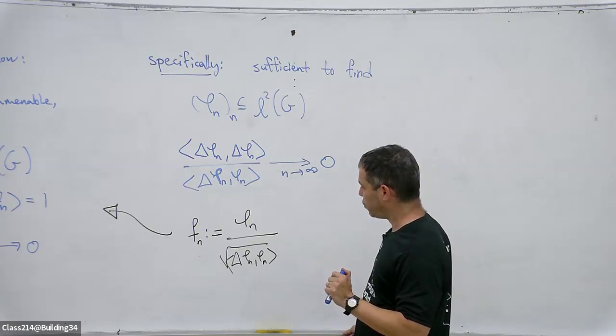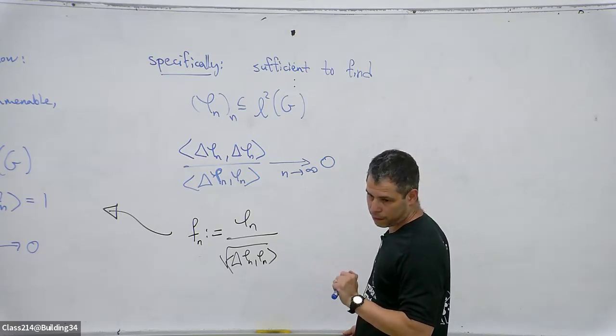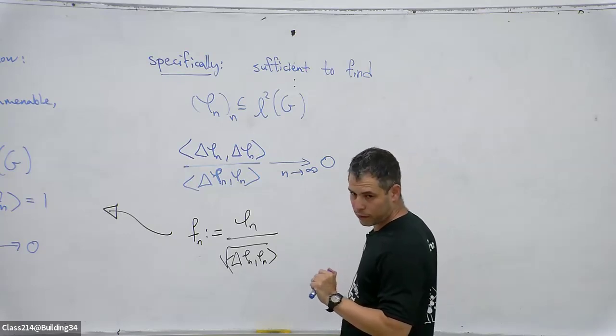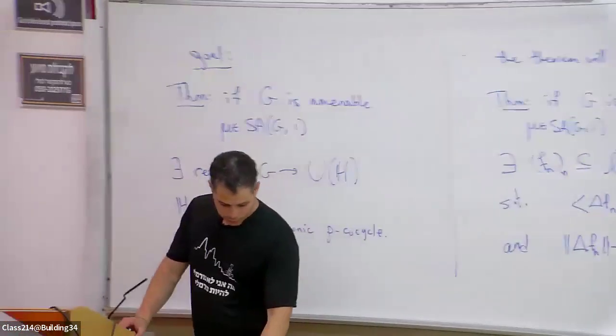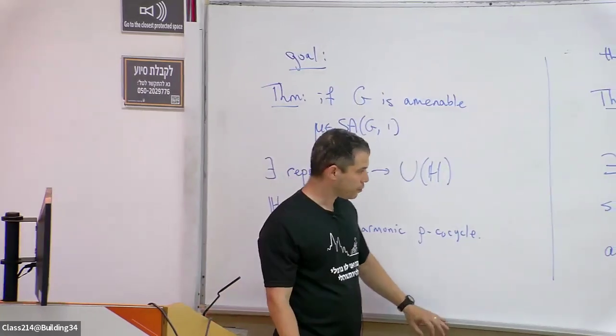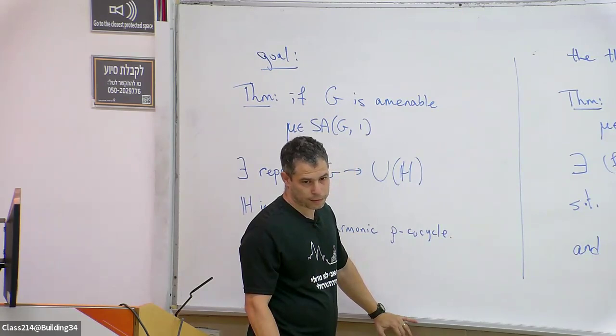I didn't promise you that Fn has norm 1. I'm saying the norm of Fn must go to infinity, or at least not be uniformly bounded. Yes, it cannot be uniform.